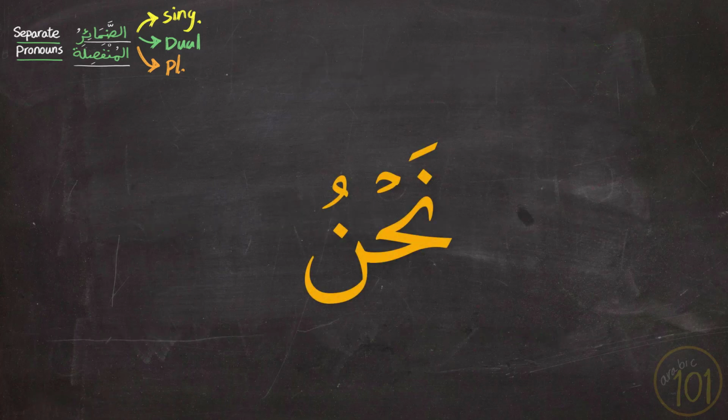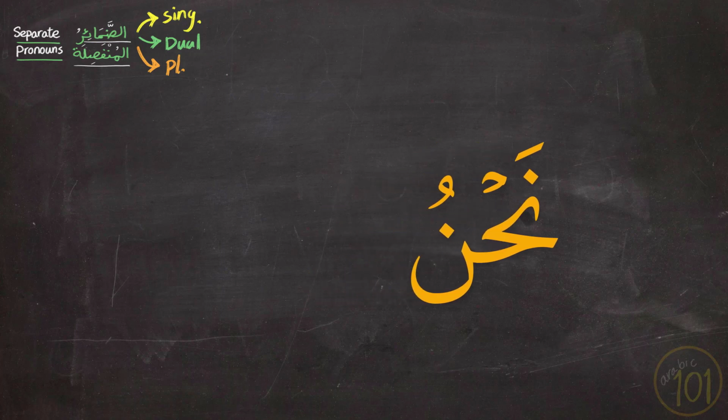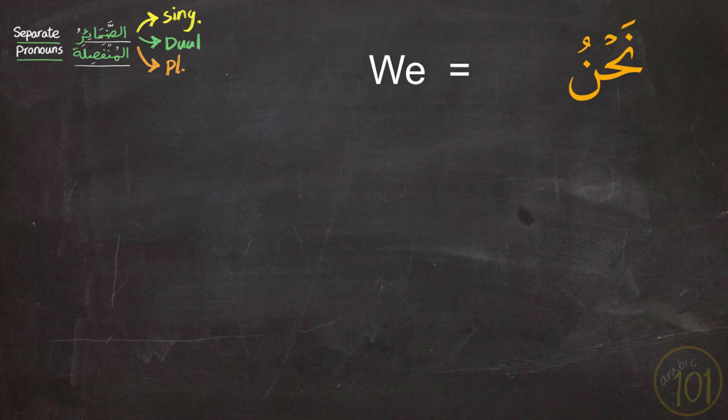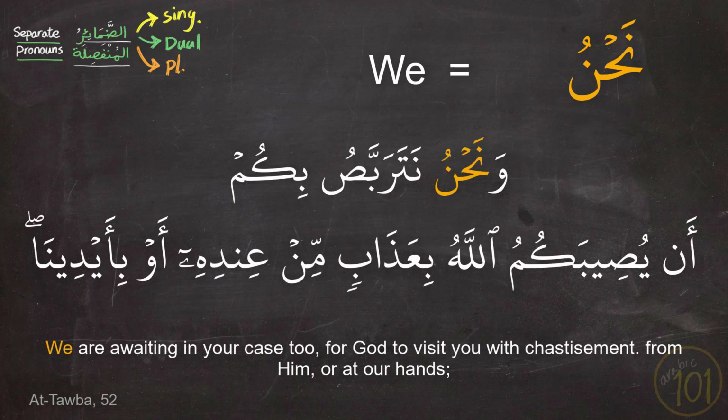And finally, we move to the plural pronouns. And we start with نحن, which also could be used with plural nouns. And it means in English, we, like in this example. وَنَحْنُ نَتَرَبَّصُ بِكُمْ أَن يُصِيبَكُمُ اللَّهُ بِعَذَابٍ مِّنْ عِندِهِ أَوْ بِأَيْدِينَا.